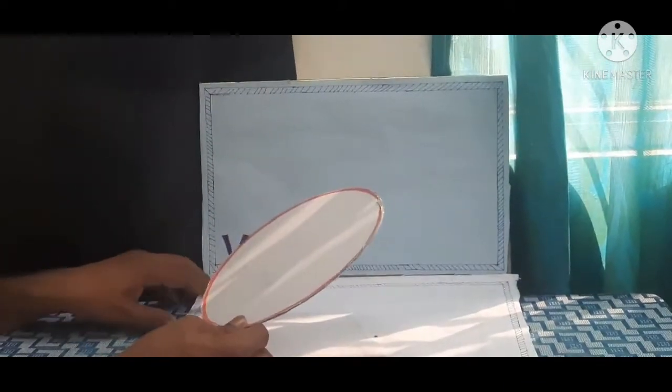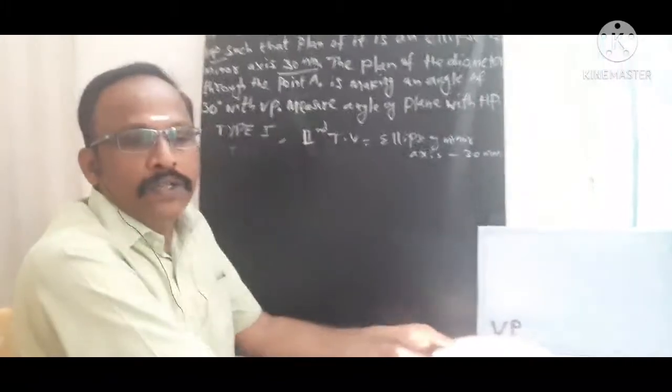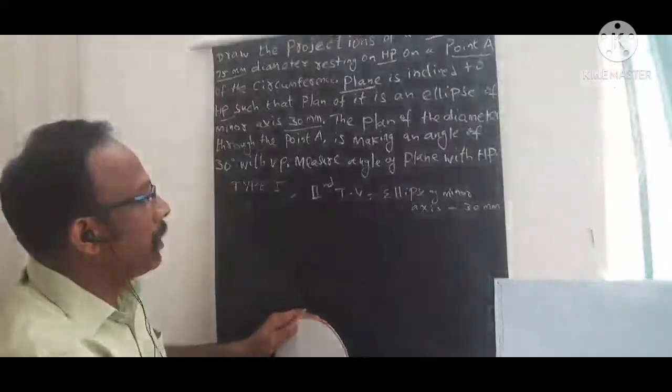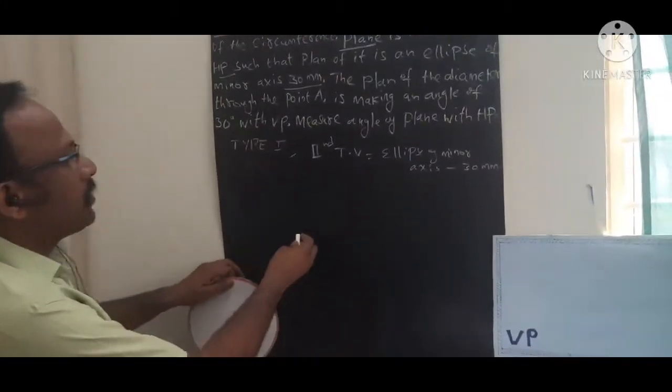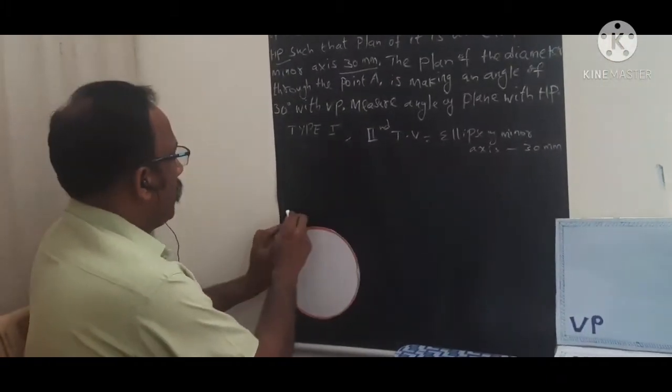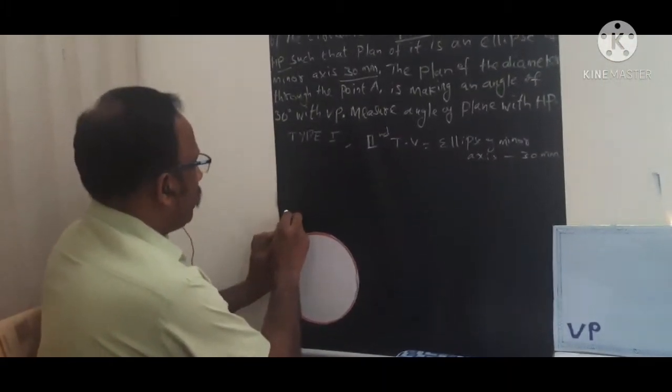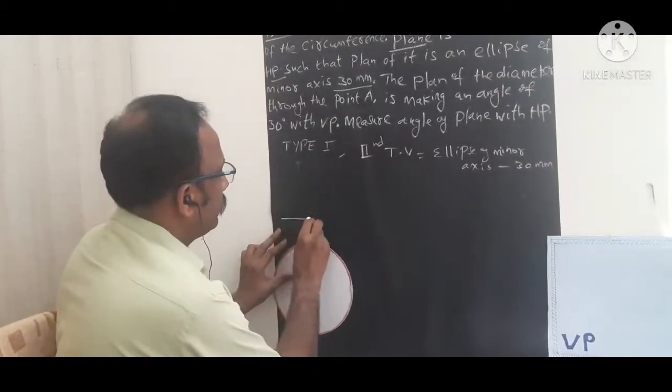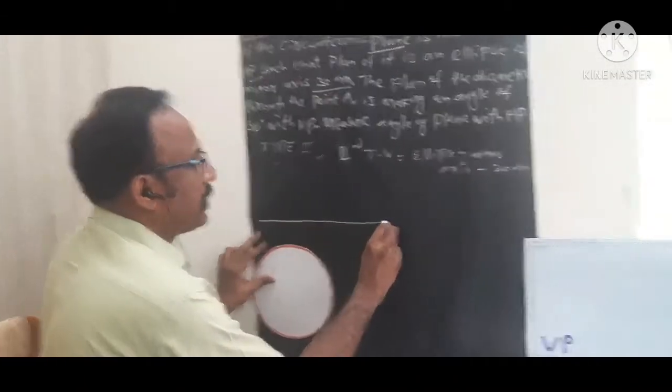Now I am actually going to draw the projections of this particular lamina on the board, right? So you can see my board here. First you need to draw the XY reference line in a lighter way.